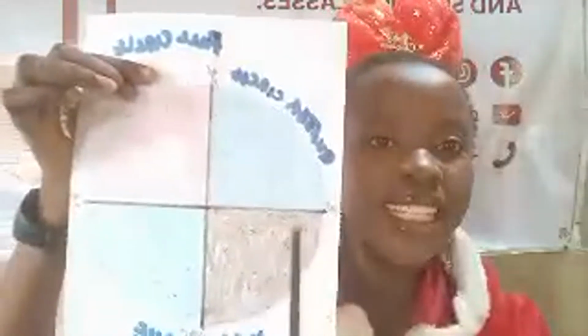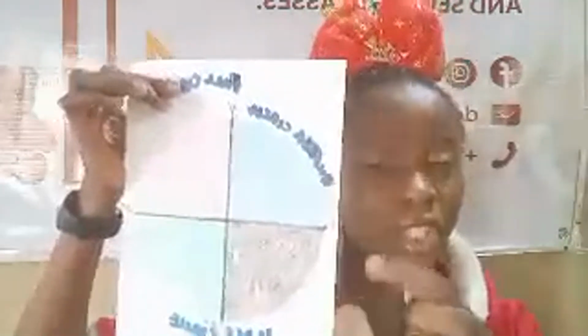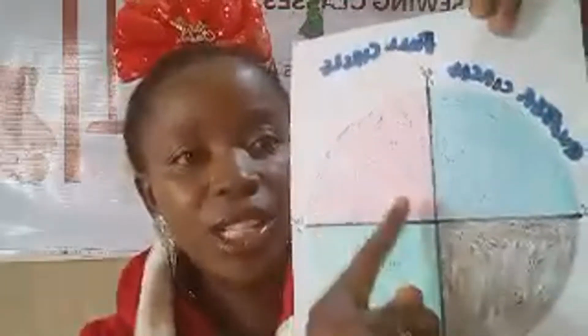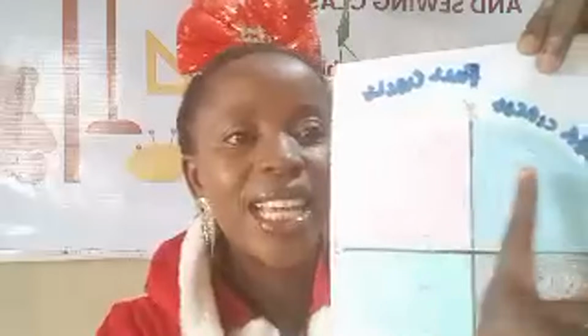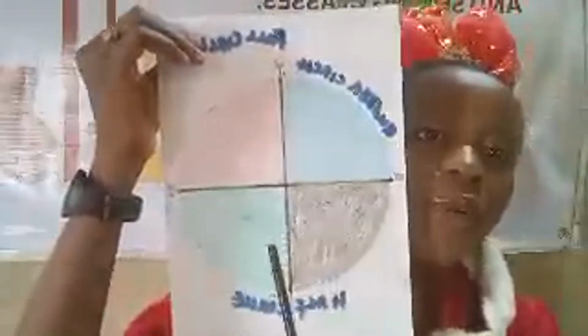Like I said, a full circle is 360 degrees, just like you're seeing over here. I'm sure you're seeing this clearly. A full circle is 360, and it has 4 sections: 90, 90, 90, 90. So 90 plus 90 is 180. Half of a circle is 180 degrees, a quarter of a circle is 90 degrees, and the full circle is 360 degrees.